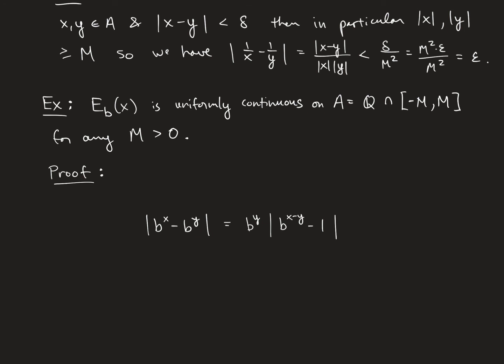So the largest that b to the y could be: b to the y is less than or equal to b to the m if b is bigger than 1, and b to the negative m if b is less than 1.